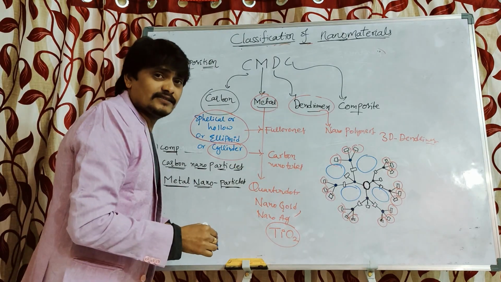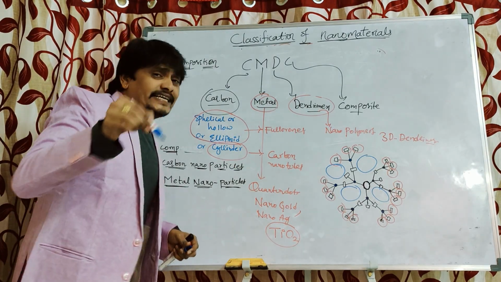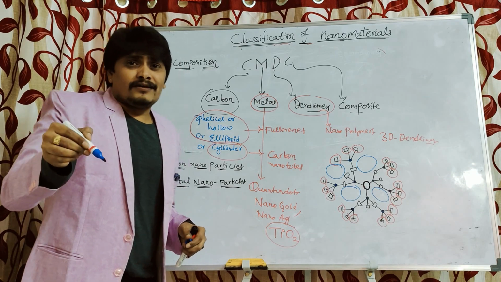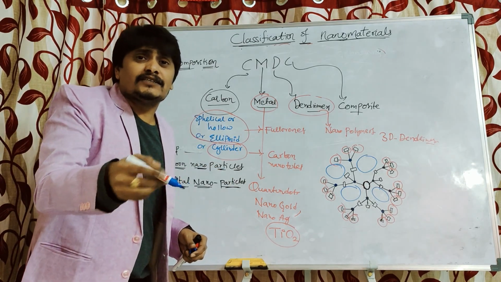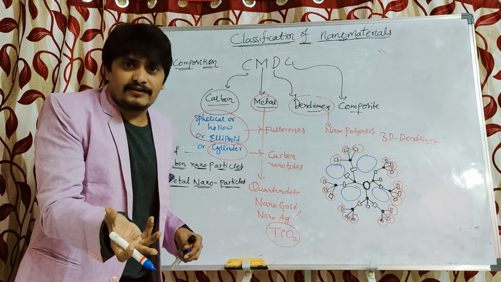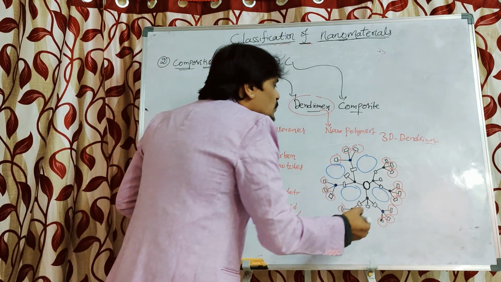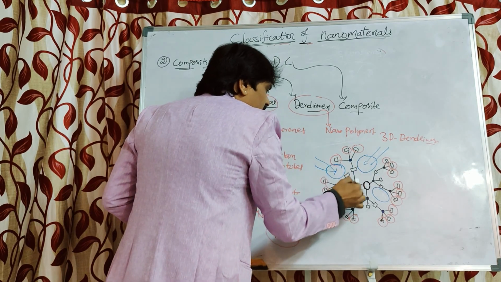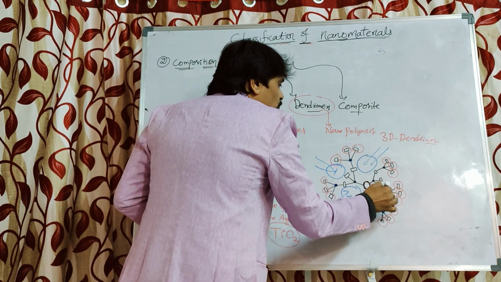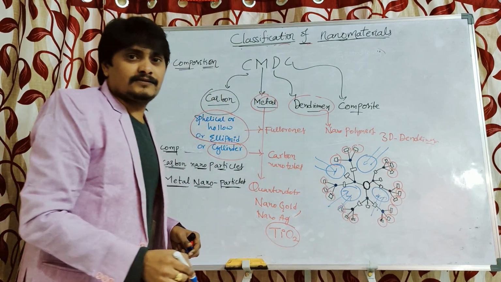So since these are the cavities, whatever substance we want to place, we can place in the cavity. Cavity is the hollow space. Nothing is there in that, right? So we can place whatever desirable substance we want.